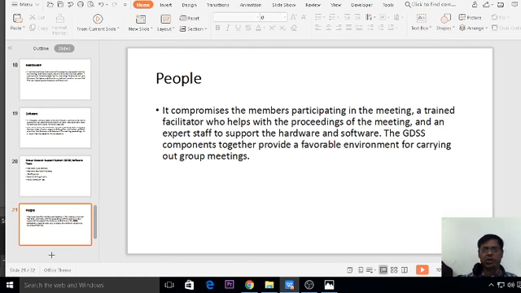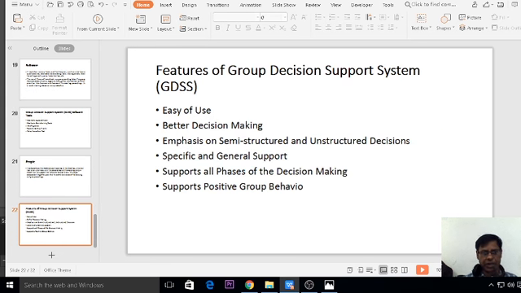The group decision support system components together provide a favorable environment for carrying out a group meeting.